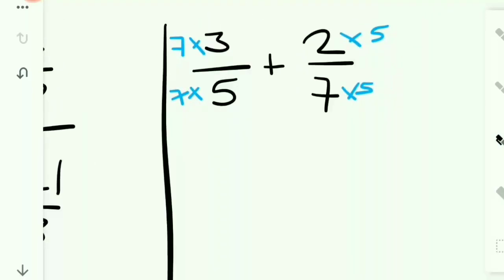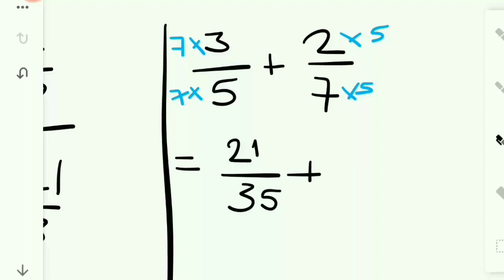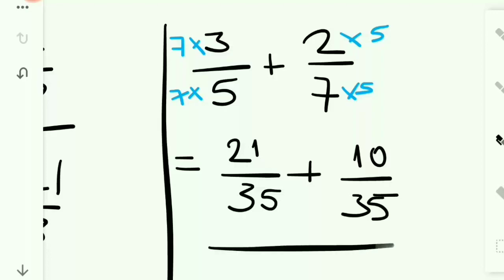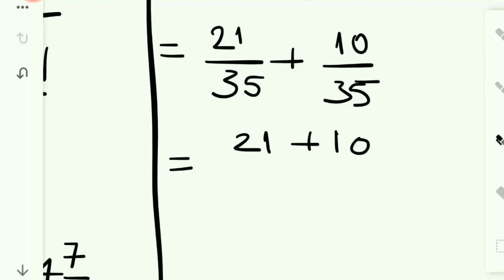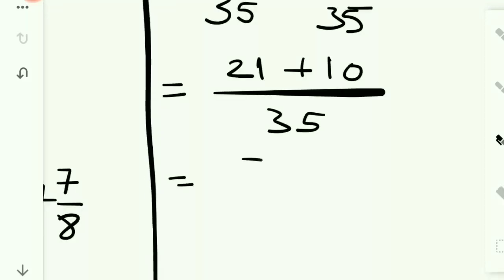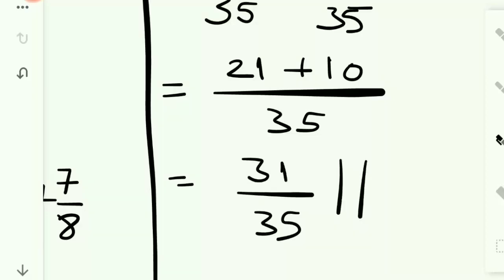So what do we have here? 7 3s are 21 by 35 plus 5 2s are 10 by 35. We have the same denominators, so we can add the numerators directly now. 21 plus 10 divided by 35, which is equal to 31 by 35. This is our answer.